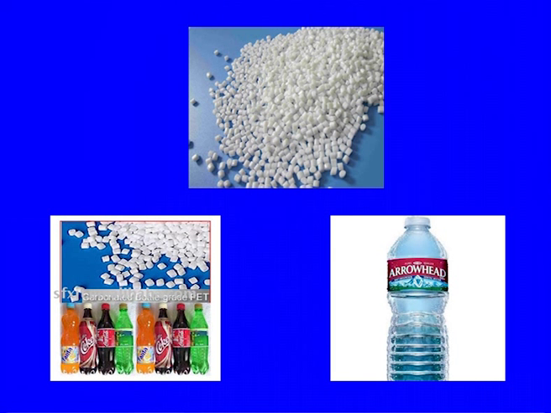This is the PET resin, and similarly we also get chips in the case of polyester, which goes to the textile industry. These are some of the applications of PET resin, different packaging material that we use for soft drinks.